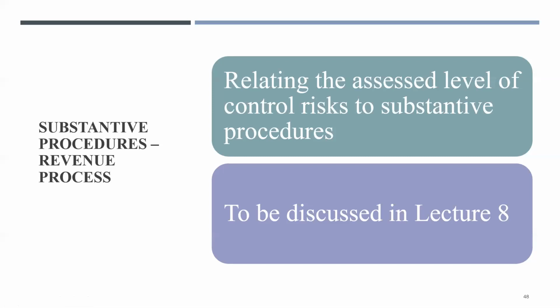But actually, for a test of controls or a substantive test, sometimes we can do the tests at the same time. For example, we get a sample of sales invoices and match them with the underlying transaction documents. This could serve the purpose of both testing controls and detailed substantive tests.